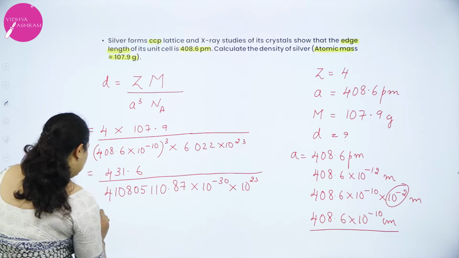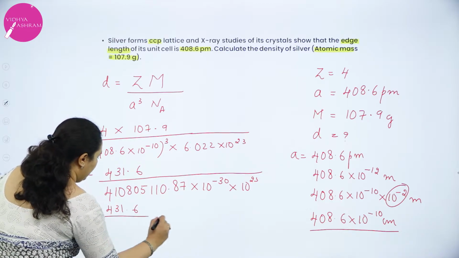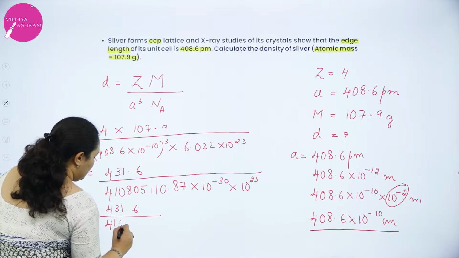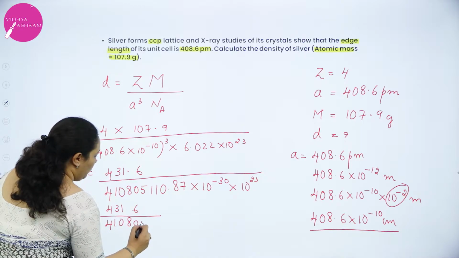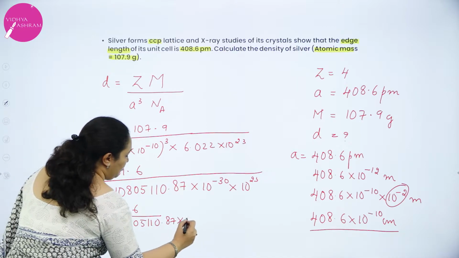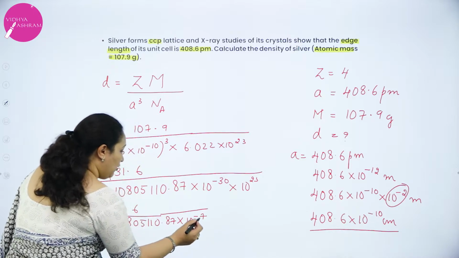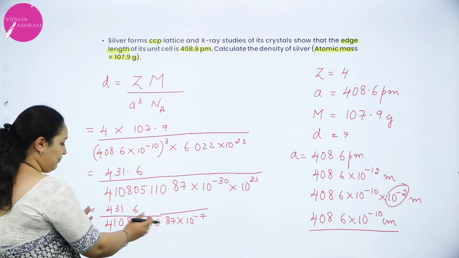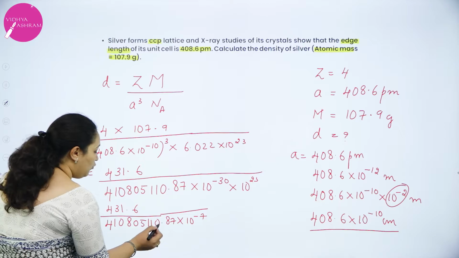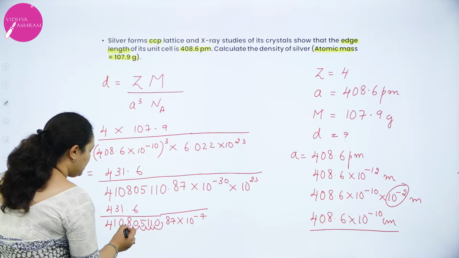So you will get this as 431.6 divided by 410,805,110.87 into 10 to the power minus 7. Now to remove this 10 power minus 7 and make this number smaller, I can move my point 1, 2, 3, 4, 5, 6, 7.